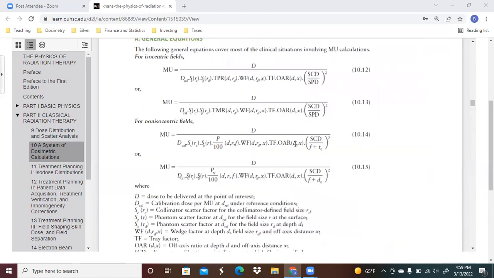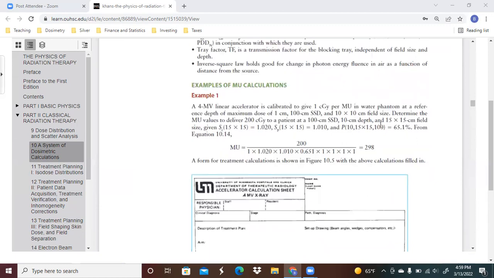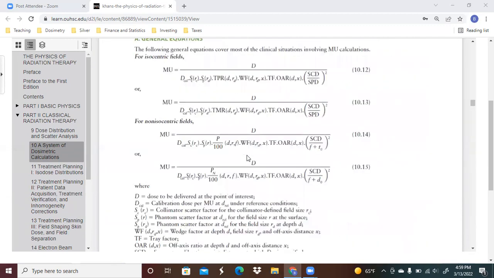OAR. This is not telling us that we have any off-axis factor here, so that is going to be 1. And then finally, this mess, the source to calibration distance divided by F plus t naught.